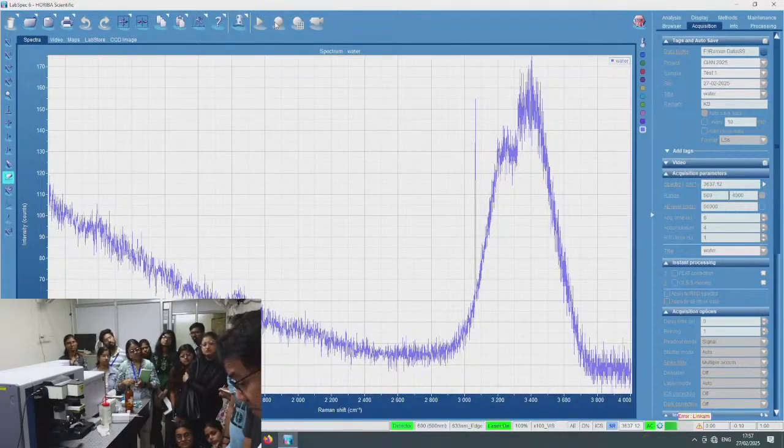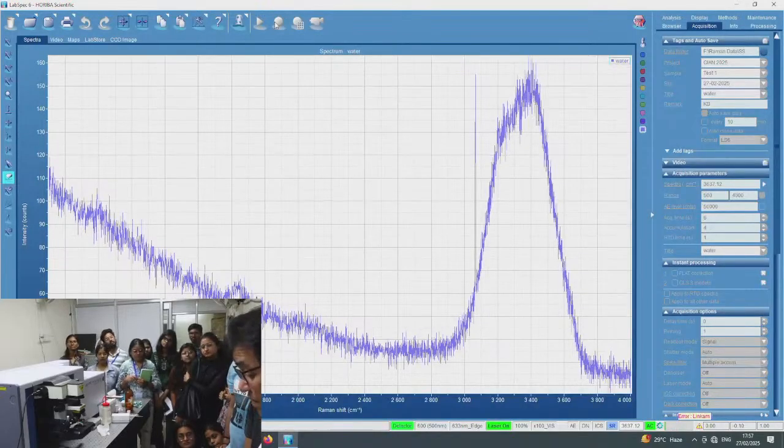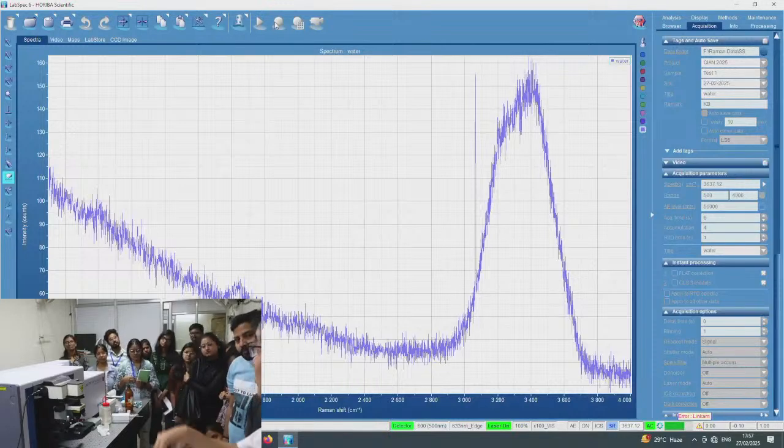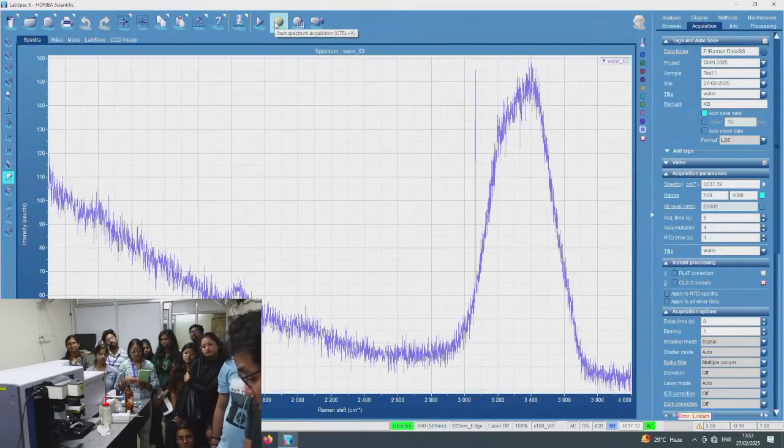It was much clearer and less noisy. That is the signal spectrum of H2O. But the IR absorption band of H2O is huge, and this is relatively smaller. So this is why Raman spectroscopy is more advantageous for aqueous sample measurement.